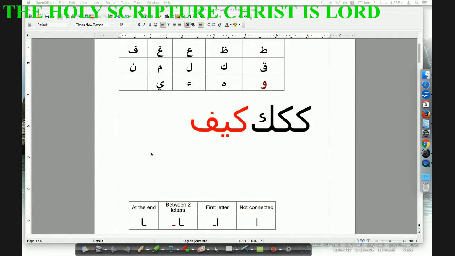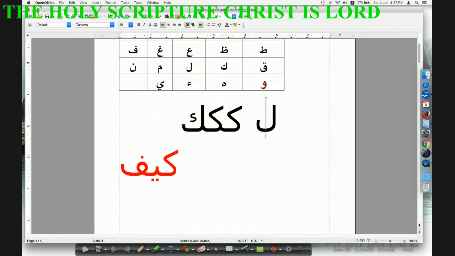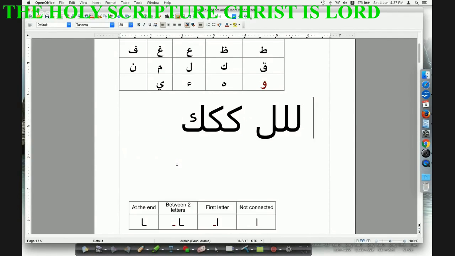So let us continue. So we took Ka, and now we will take the letter La. La in the beginning, La at the end. There's a very well-known word, I'm sure all of you saw it many times, that Muslims use, which is Allah.